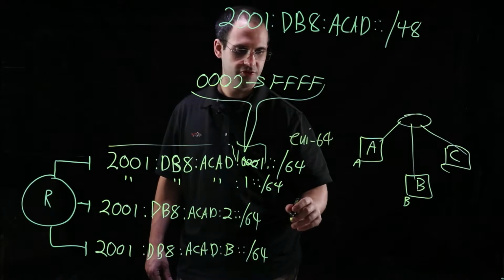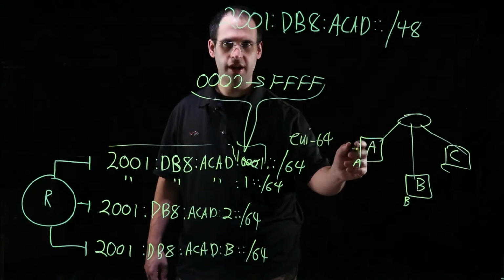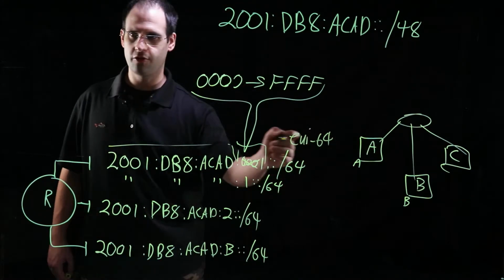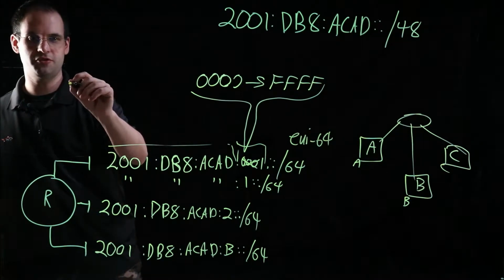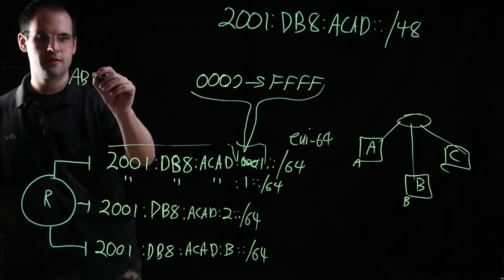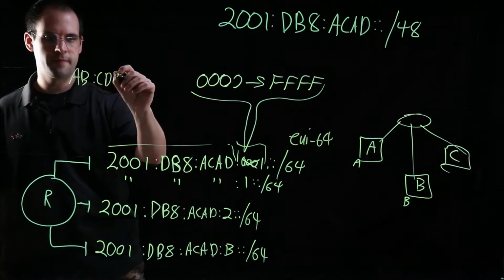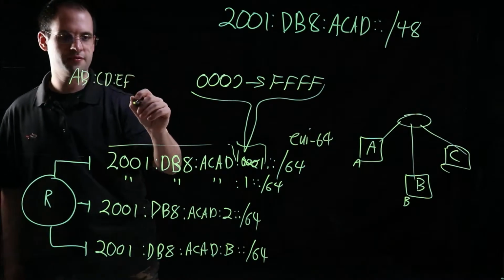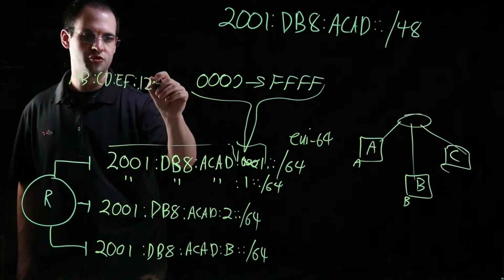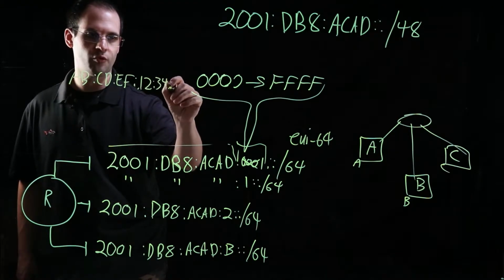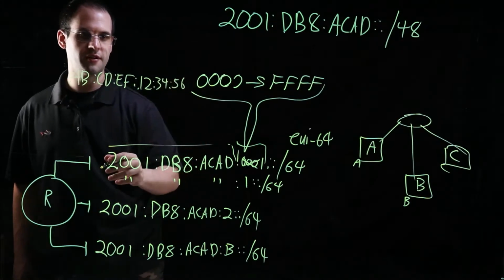EUI-64 says every computer has a MAC address. So if computer A has a MAC address of, I don't know, let's just do ABCDEF123456.